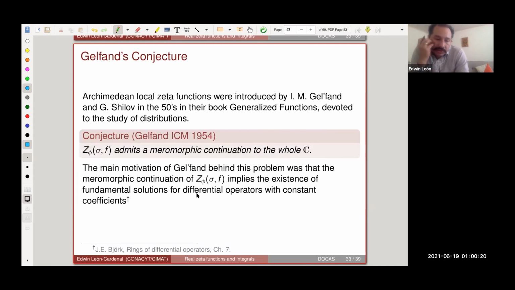And one interesting thing is that the main motivation of Gelfand behind this problem was that the meromorphic continuation of these guys implies the existence of fundamental solutions for differential operators with constant coefficients. You can see part of this history in one of the books that are recommended to attend these seminars.